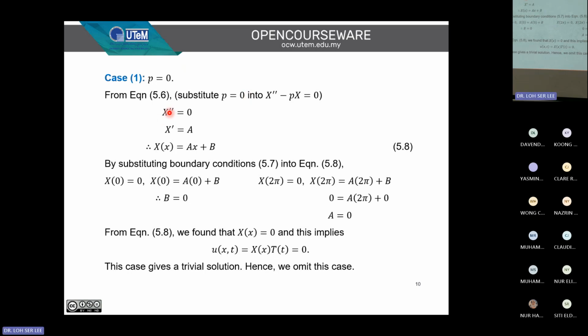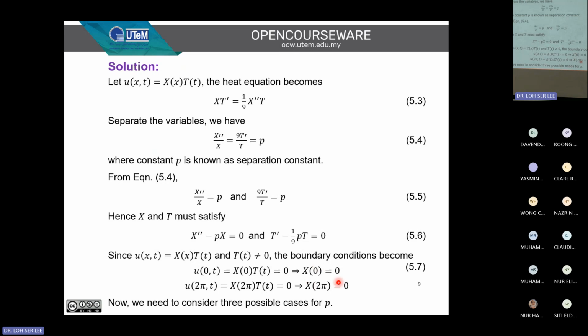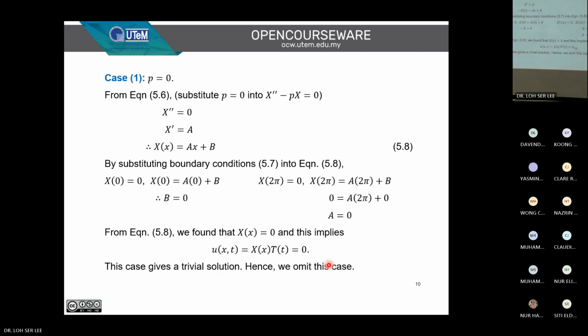So when we get X double prime equals 0, we just integrate twice, you get X = ax + b, exactly the same as what you did just now. From here we will substitute the two boundary conditions that you obtained just now, X(0) is 0, to find the a and b values.